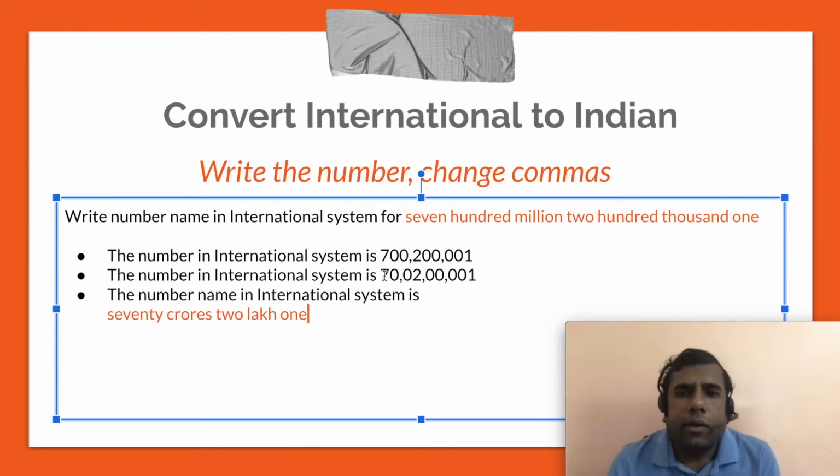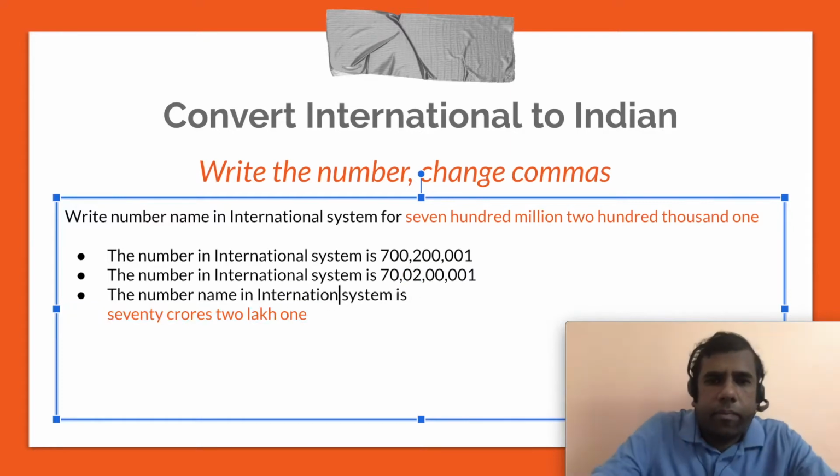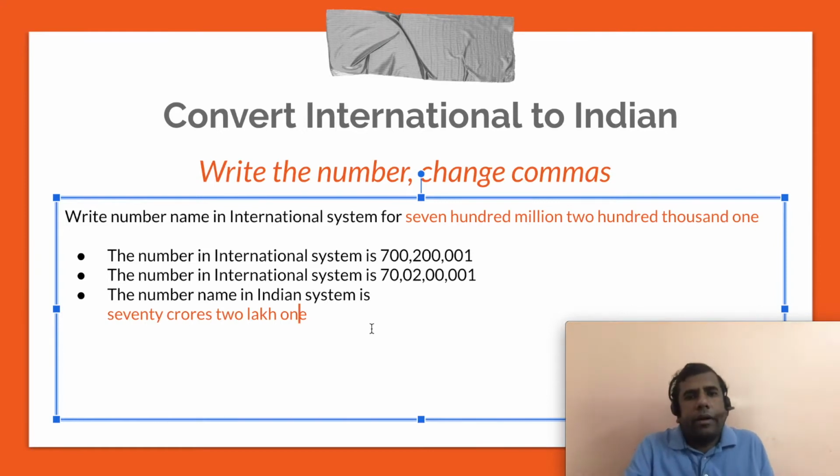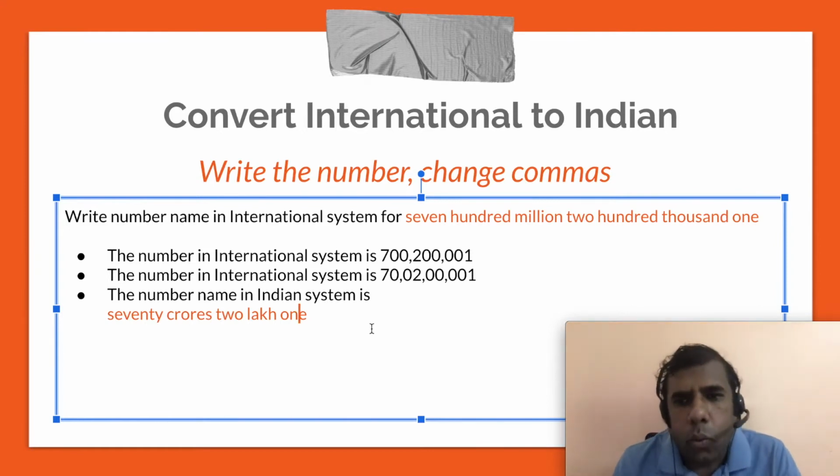So this number now becomes 70, 02, 00, 001. So it's the same as 70 crore 2 lakh 1, right? So the number in the Indian system is 70 crore 2 lakh 1.